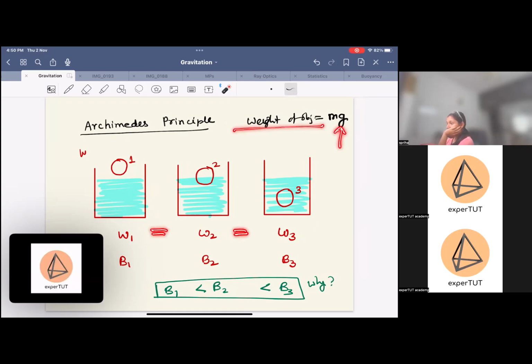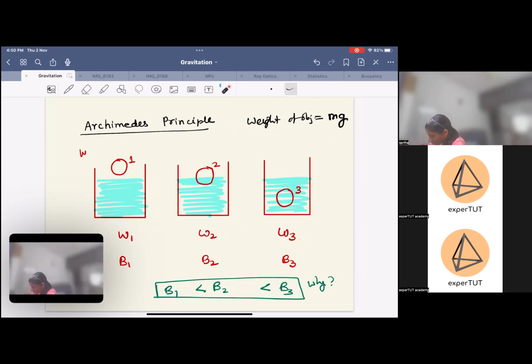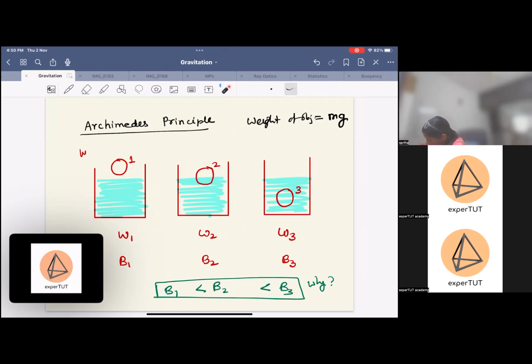Okay, write this down. Weight is mg. Weight is equal for all three. You understood why W1 equals W2 equals W3? Yes, sir.